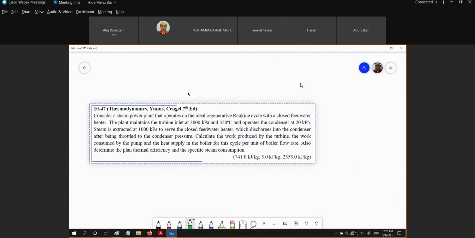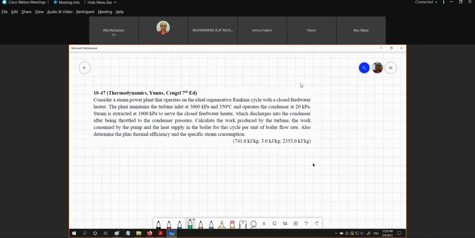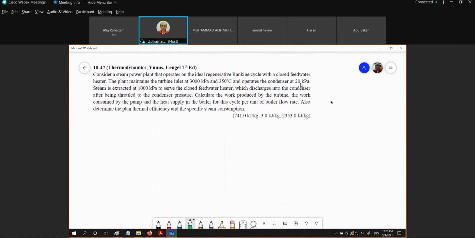Okay, let us look together at this question. Consider a steam power plant that operates on the ideal regenerative Rankine cycle with a closed feed water heater. The plant maintains the turbine inlet at 300 kPa and 350 degrees C and operates the condenser at 20 kPa.